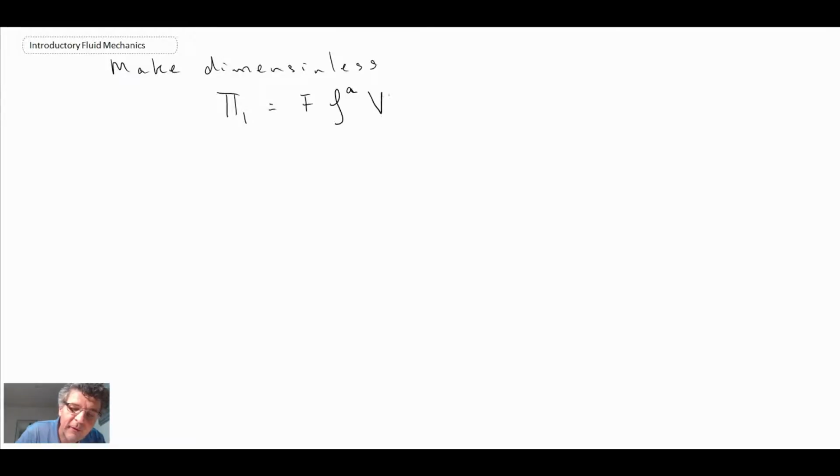So density will be raised to the a, velocity b, diameter to the c, and this is then going to result in, and I'm going to pull in the dimensions for each of the terms that we have in this group.